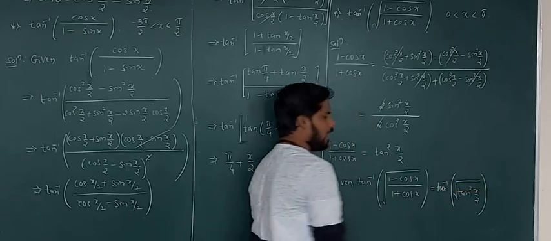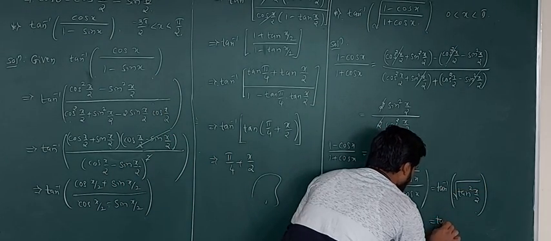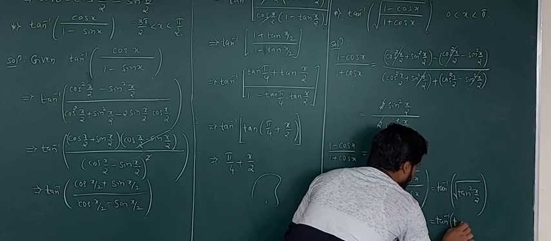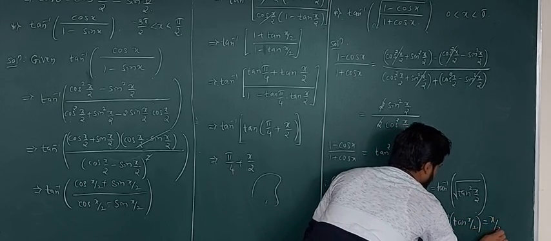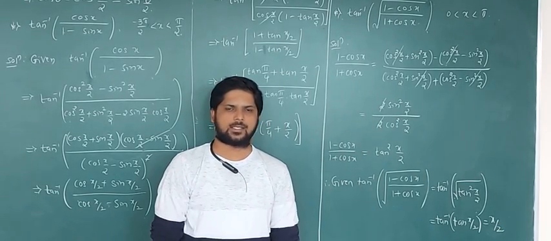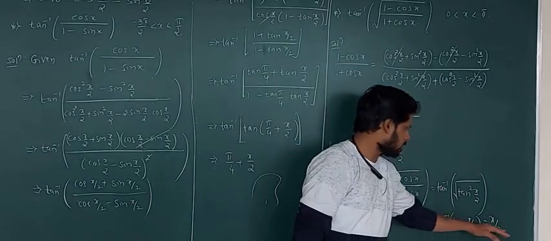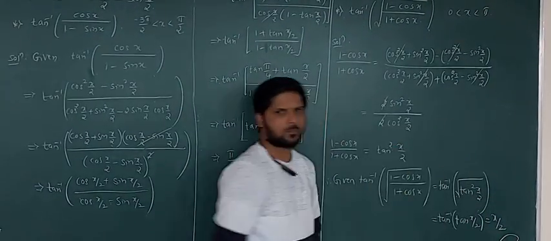What is the root of tan square x by 2? That is tan x by 2. This implies tan inverse of tan x by 2. This implies x by 2, because f inverse of f of x is equal to x. So therefore tan inverse of tan x by 2 equals x by 2. Note it down.